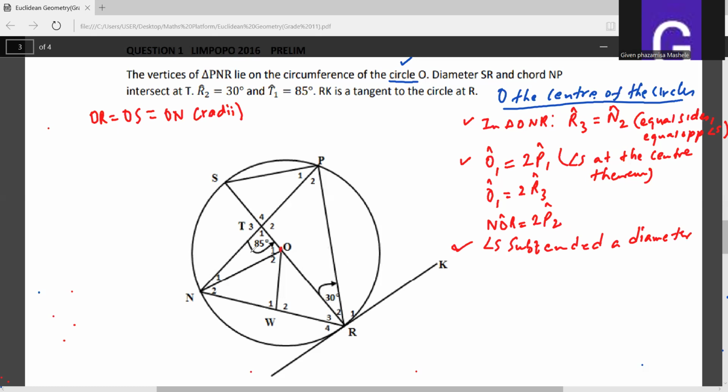ON and OR are not a diameter. NOR is not a diameter. A diameter should be SOR. SOR is a diameter because it is a straight line. And according to the theorem, an angle that is subtended by a diameter is always equal to 90 degrees.